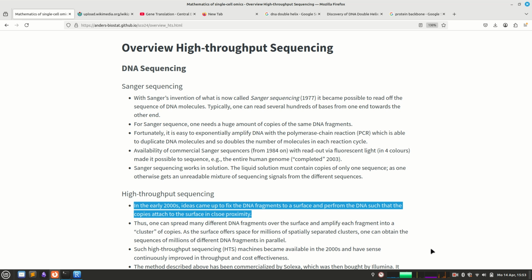And then by a trick, which I now don't really want to get into the details of, but it's a really beautiful idea, but it requires me to explain PCR first, so let's not do it now. You can again do this polymerase chain reaction, where the polymerase comes and makes copies, and the copies attach right next to it.